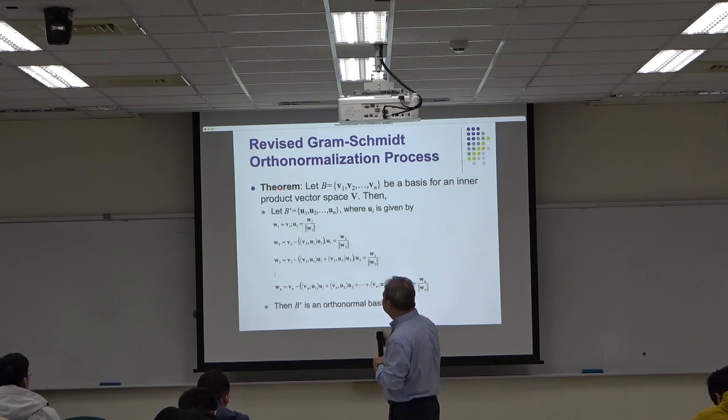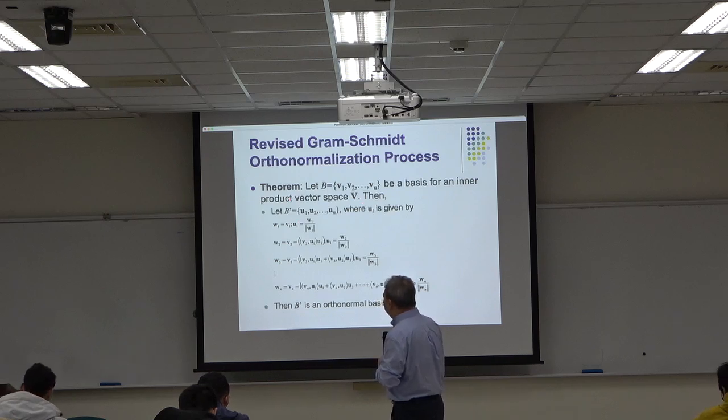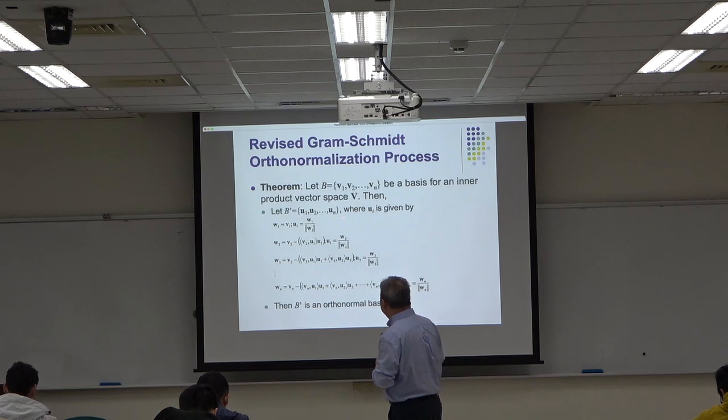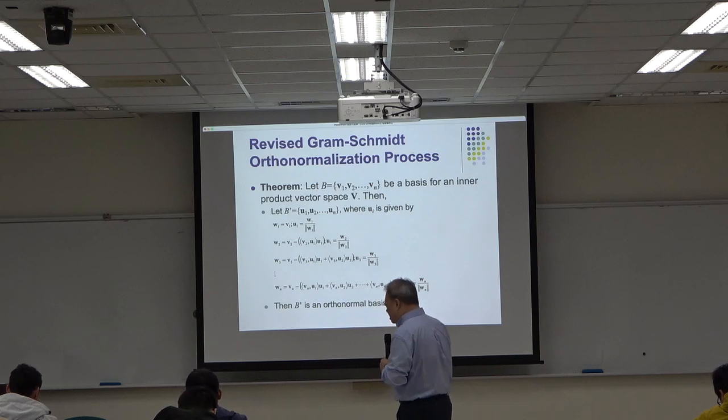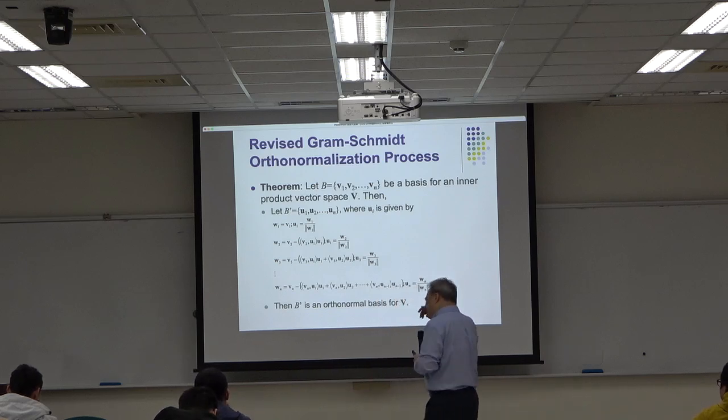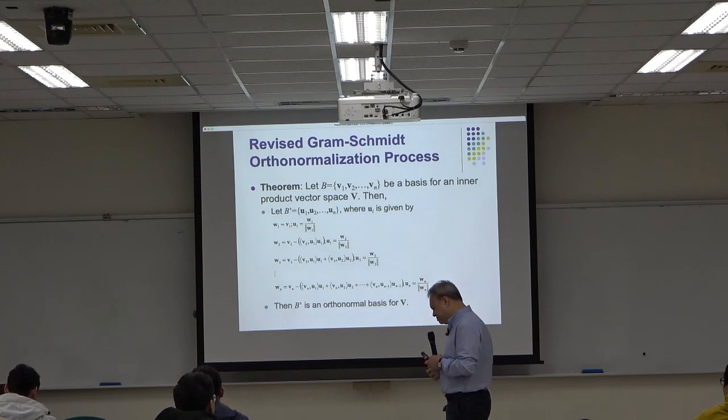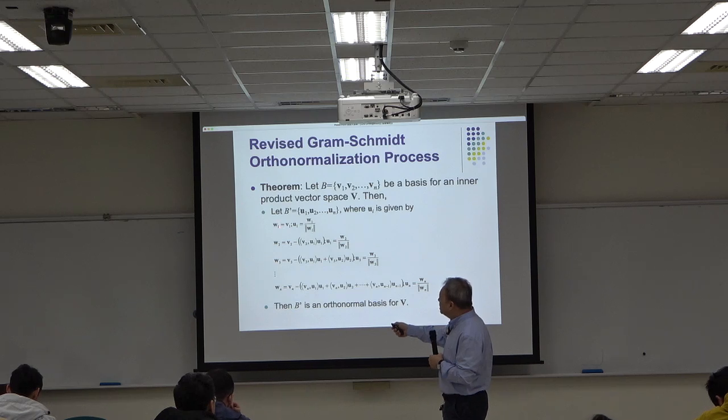So let's have a look at this theorem. Let's say B is a basis for inner product vector space V, and B prime is this one. This B prime basis is obviously orthonormal. You can see that we get W1 from V1, and then we divide the W1 by its length to get the U1, and so on.